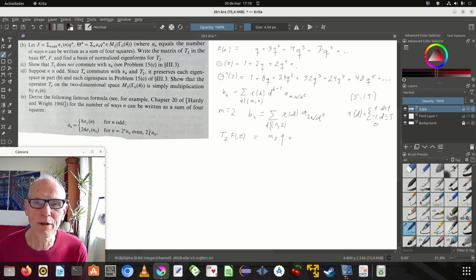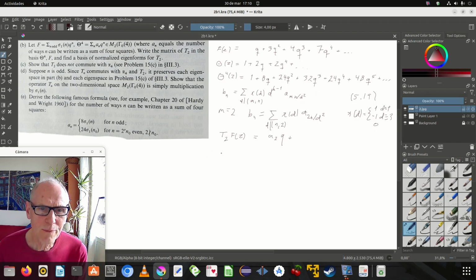Oh yeah, all the even ones are naught. So that's naught. And q to the third, when n is 3, d must be 1. So it's 6. That gives naught as well. That's very weird.